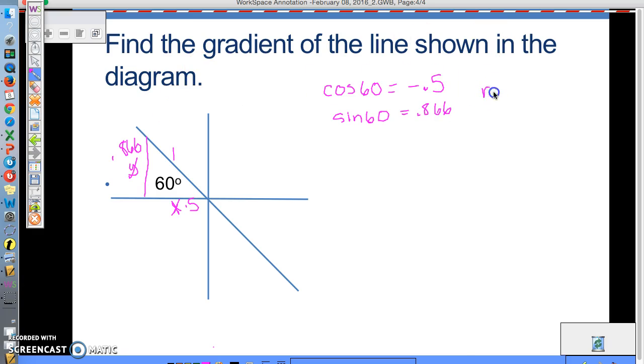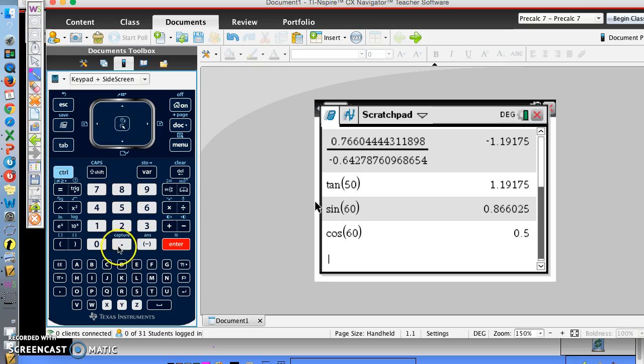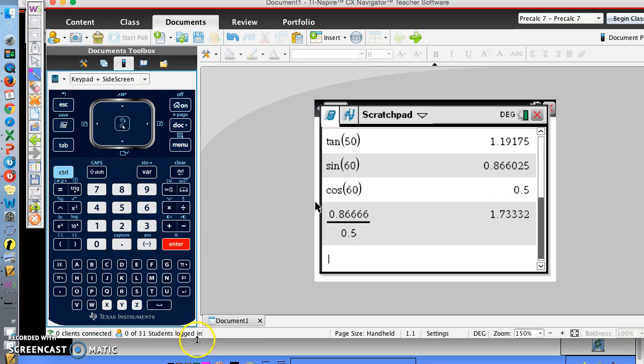So rise over run, we have 0.866 over 0.5. So we have 1.73.